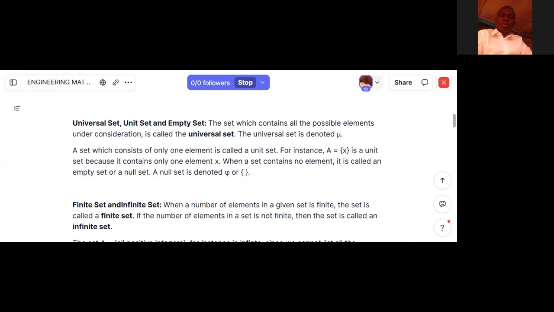All right. The notation for universal set is the mu symbol. You can see that on the screen, the mu symbol.